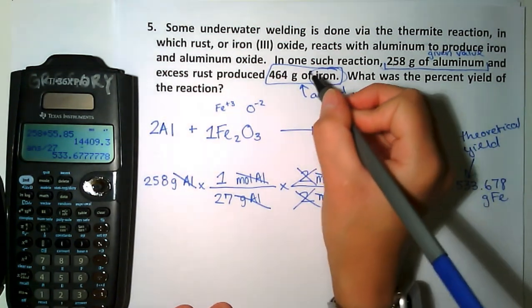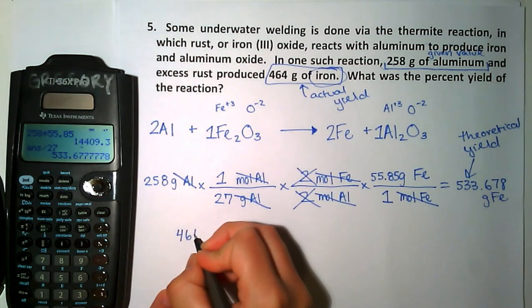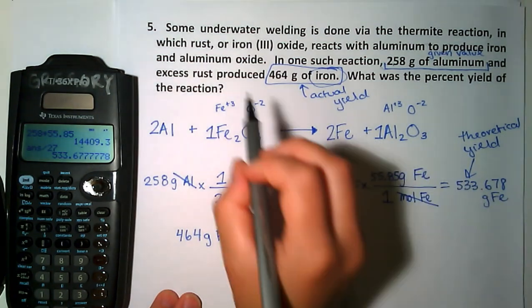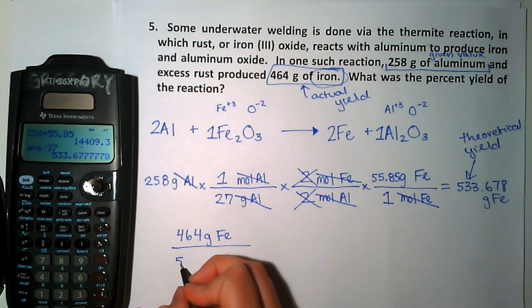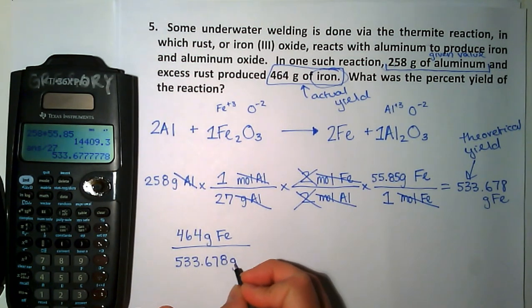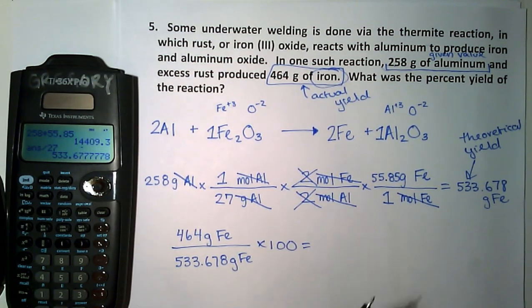So now I need to do actual yield divided by theoretical yield. 464 grams of Fe, and my theoretical yield is larger than my actual yield, so that makes sense. Divided by 533.678 grams of Fe. Then we'll multiply by 100 to get it to a percentage.